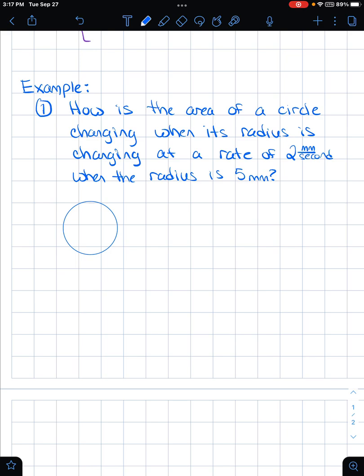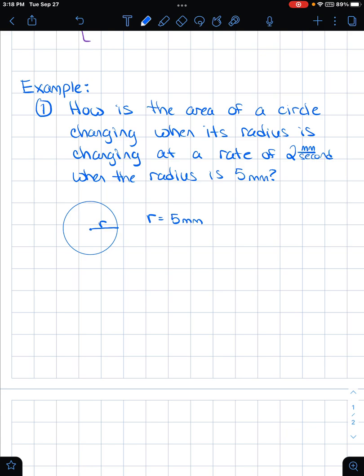So that's the first thing I do, is draw the circle, draw the picture, and put in the information I know. So right now, what I know is that the radius is currently at 5 millimeters. That's the moment of time we're concerned about. They told us that the radius is changing at a rate of 2 millimeters per second. So what would the variable be for the changing rate?